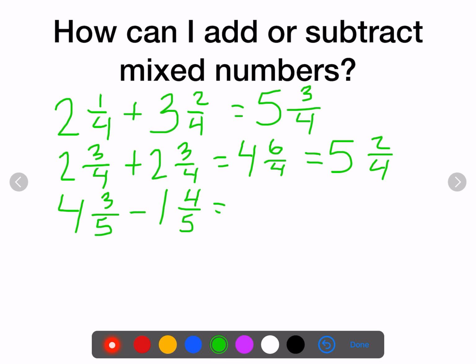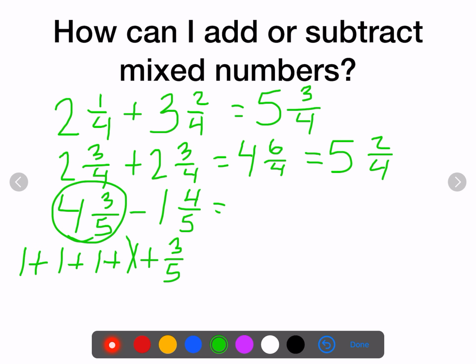But what you can do to change 4 and 3/5 into something that you can subtract, we know that 4 is 1 plus 1 plus 1 plus 1, so we can decompose our number that way: 1 plus 1 plus 1 plus 1 plus 3/5. We also know that 1 is equal to a fraction with the same numerator and denominator.